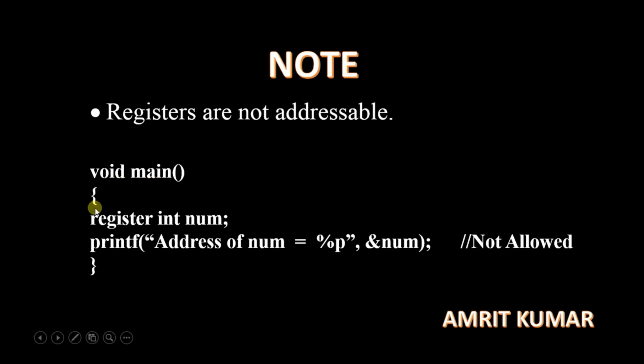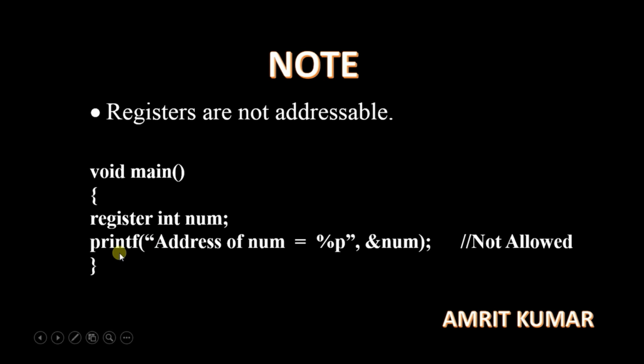In that I have opened the curly braces here. Then I have declared num. Num is a variable of type int, or we can say it is a local variable, whose storage specifier is register. We have studied that register can only be used with the local variable.